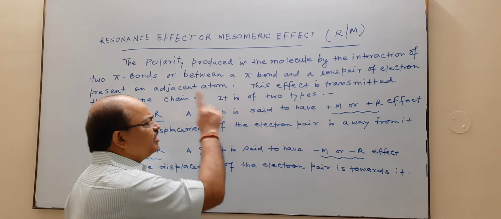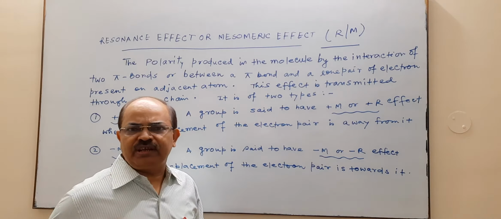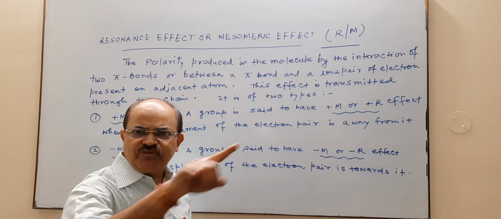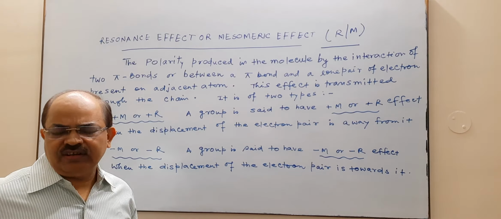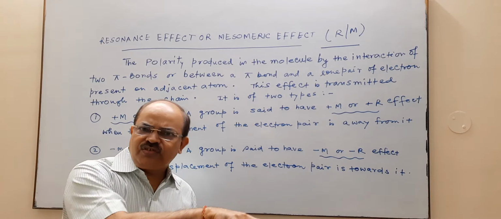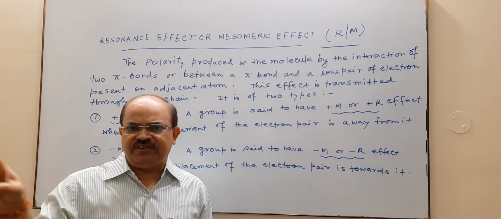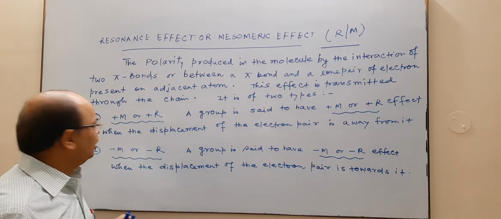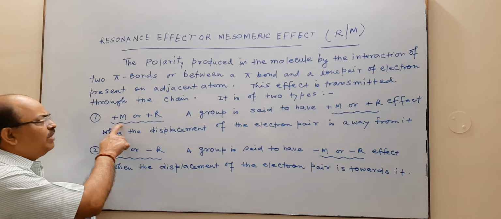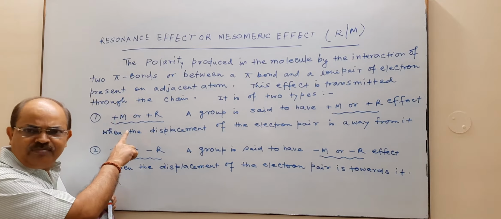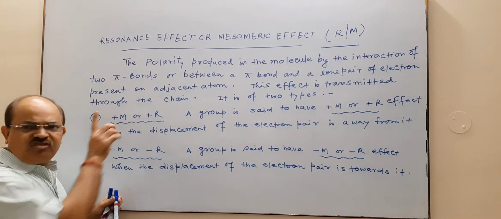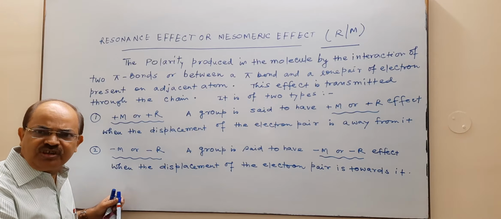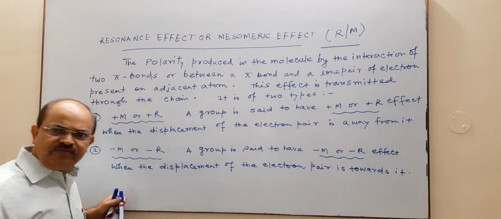Now the resonance effect or the mesomeric effect is of two types, like inductive effect, as you know, positive inductive effect and negative. Here also it is of two types. Number one is your plus M or plus R effect. If I say plus M, it means positive mesomeric effect.